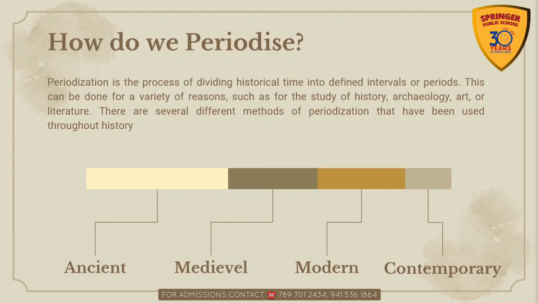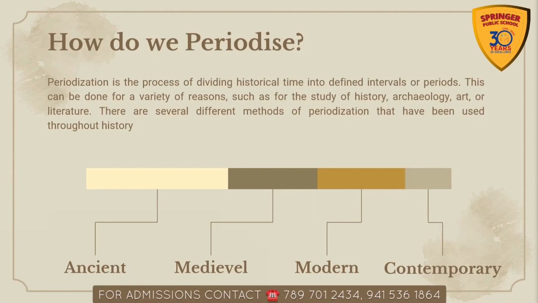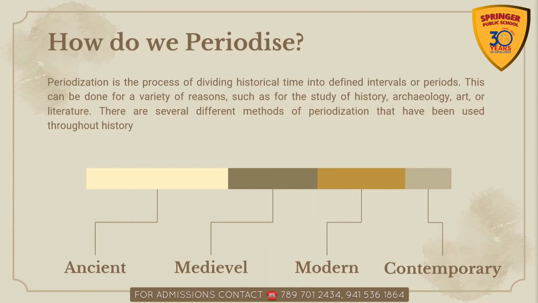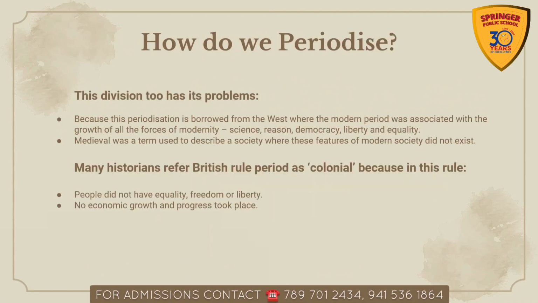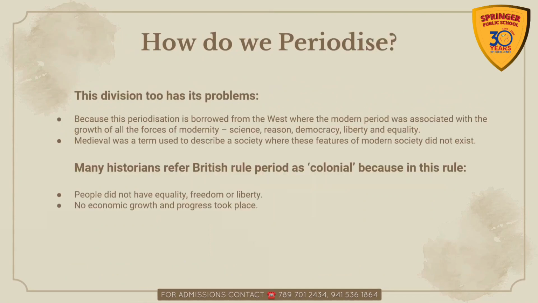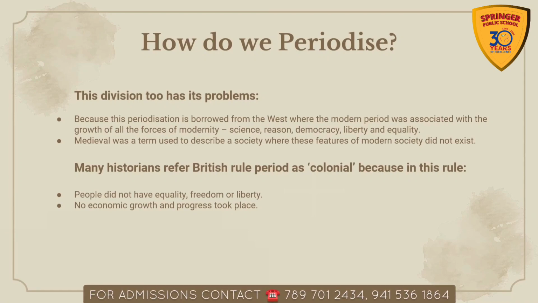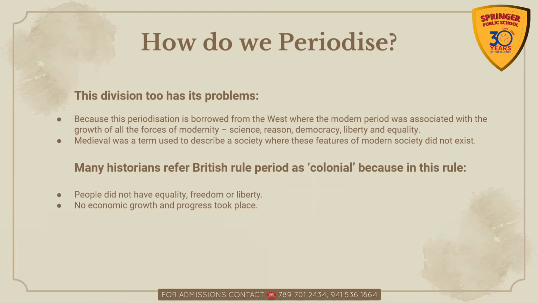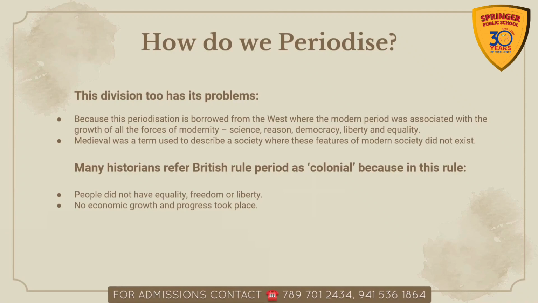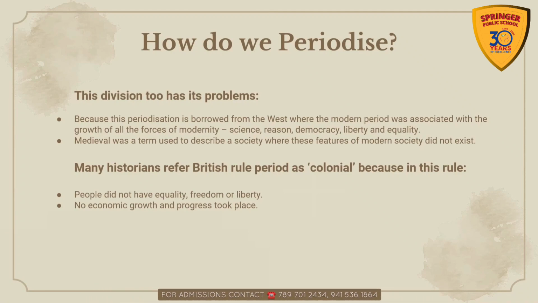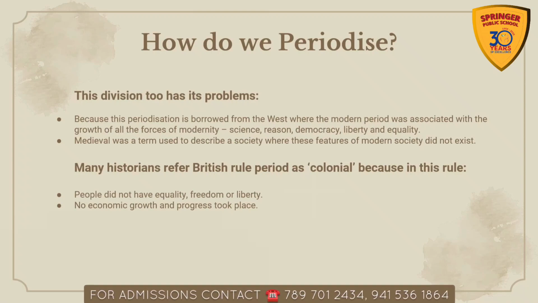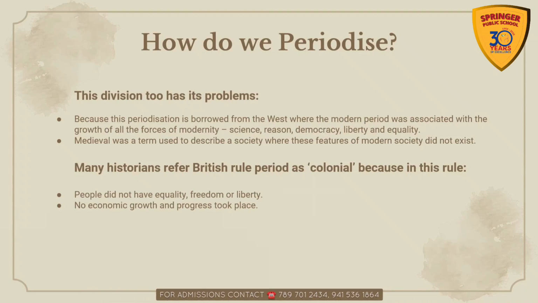But now historians divide Indian history into ancient, medieval, and modern periods. But as you know, this division also has a problem. So, what are the problems that this division has? This periodization is borrowed from the West, where the modern period was associated with the growth of all the forces of modernity: science, reason, democracy, liberty, equality, etc. Right?